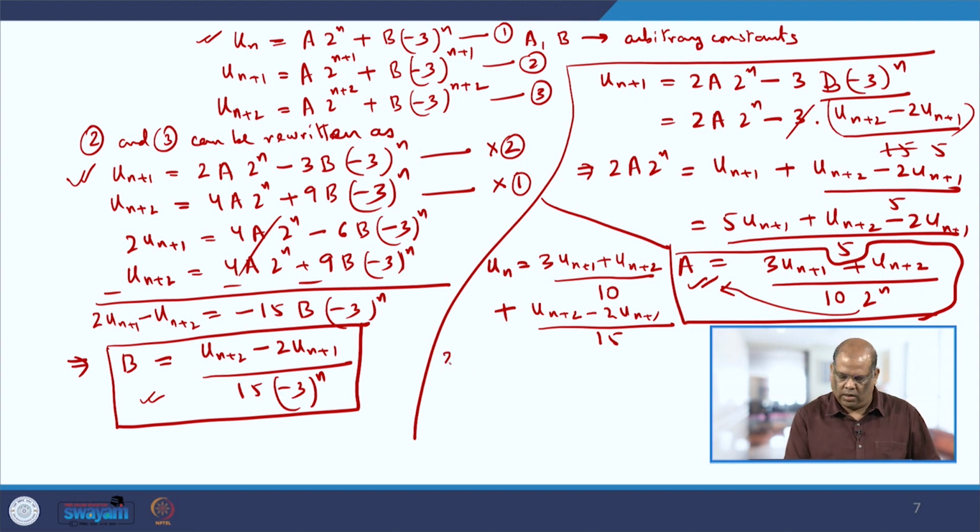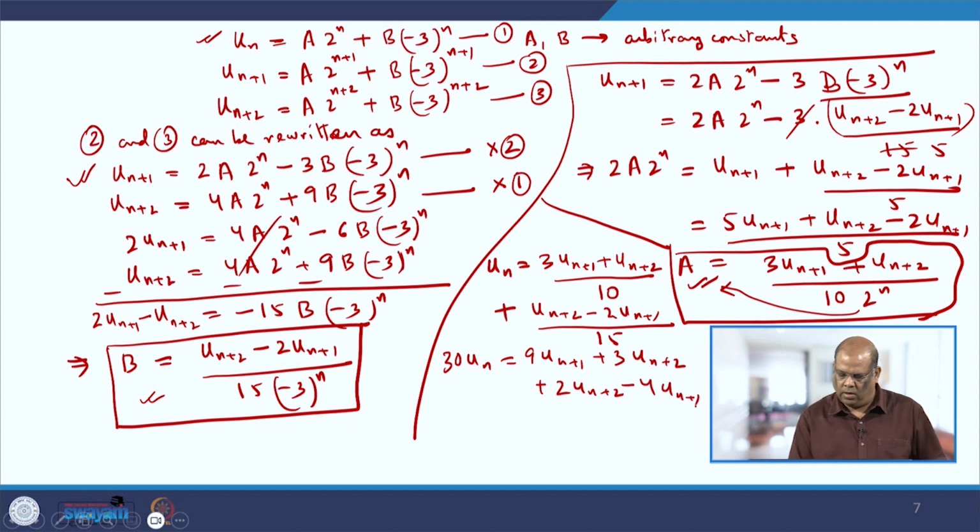So, I get 30u_n equal to 9u_{n+1} + 3u_{n+2} + 2u_{n+2} − 4u_{n+1}, and this is equal to 5u_{n+1} + 5u_{n+2}.